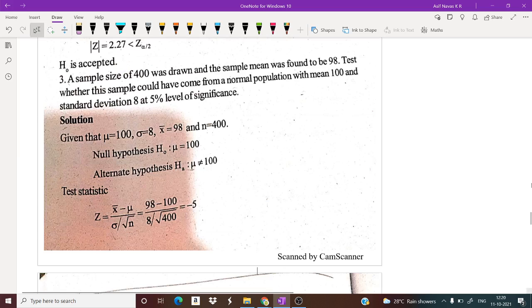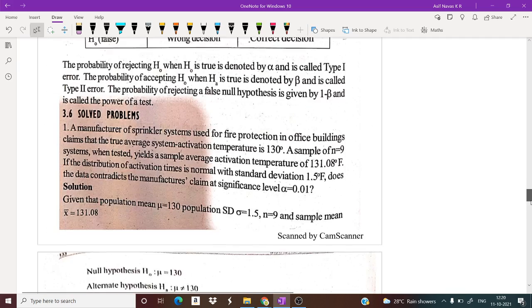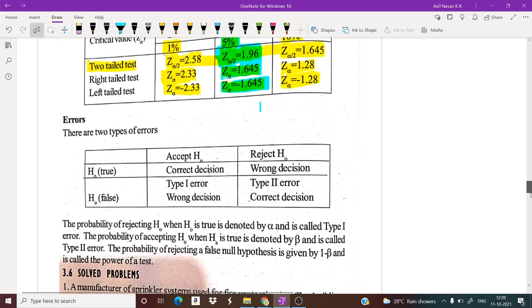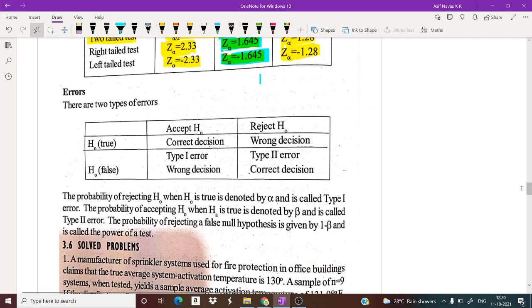Now we will define the two types of errors. There are four possibilities. One is if H naught is actually true and we accept H naught.